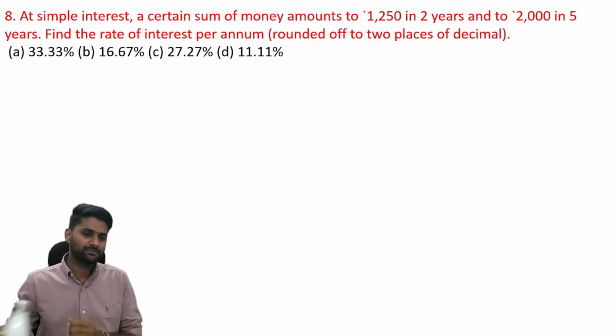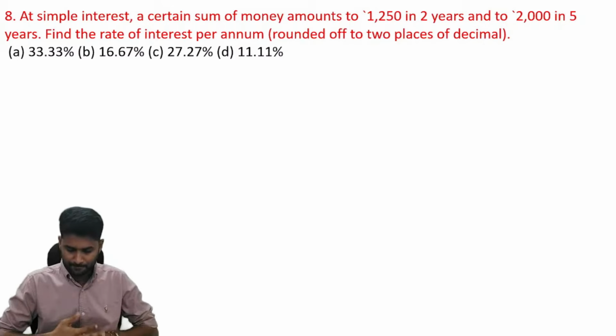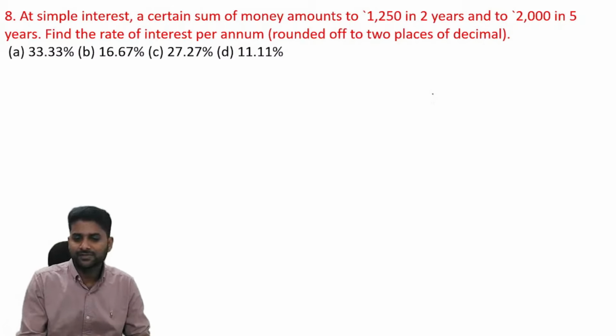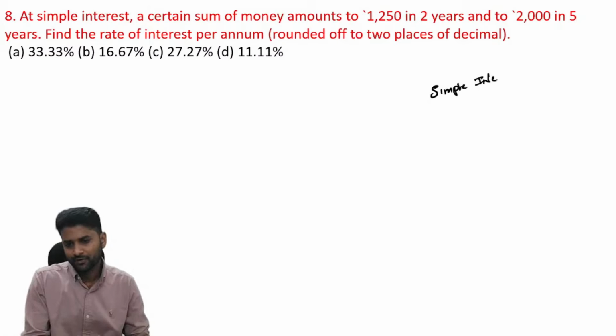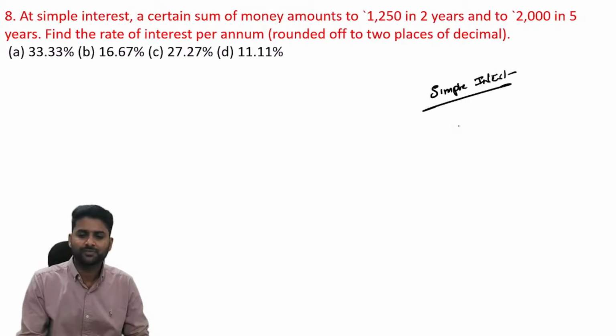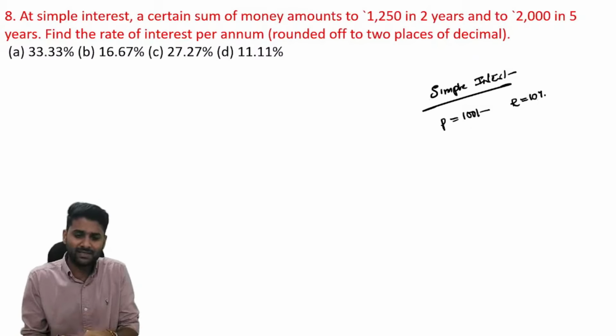Move on to this question. Simple interest. See, understand the concept of simple interest. I'm not using a formula here. Just understand the concept. I have 100 rupees and the rate of interest is 10%. It means you have to pay 10% of whatever principal you take.